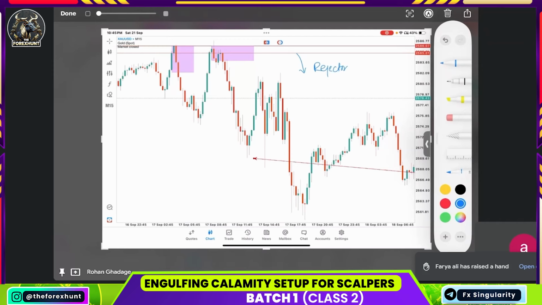Rohan, brother, as you said, the previous M15 we don't need to consider.